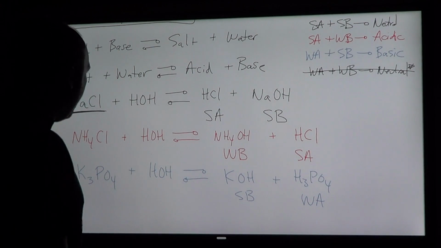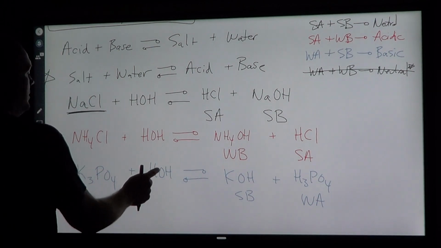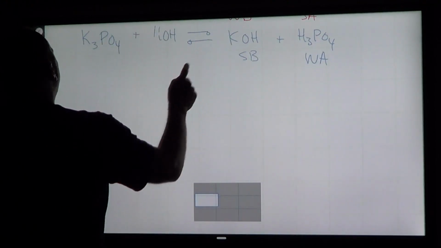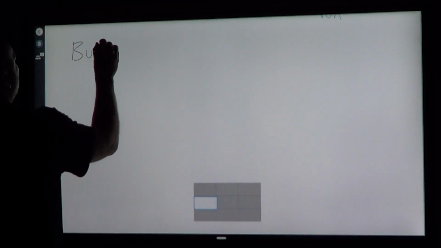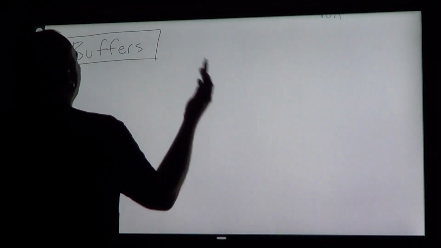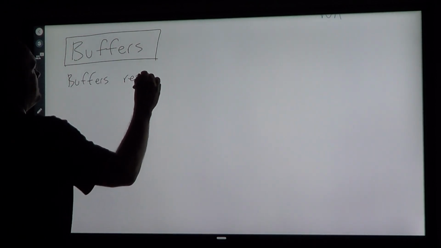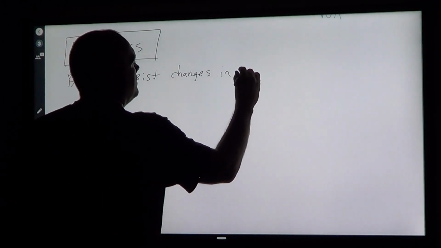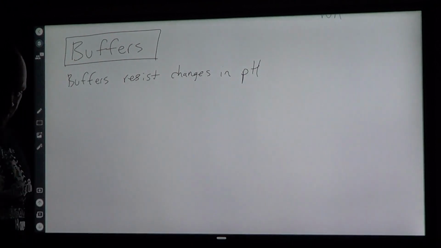Okay? The very last thing in the unit is the idea of a buffer. Okay? For high school chemistry in my class, all you need to know is that buffers resist changes in pH.